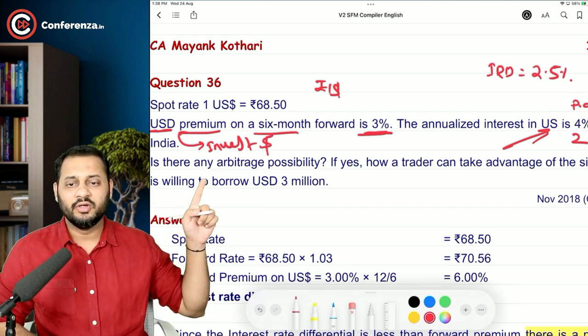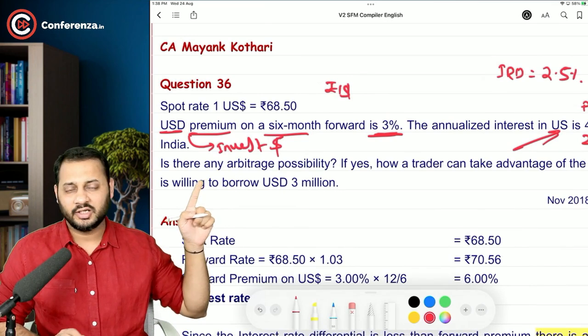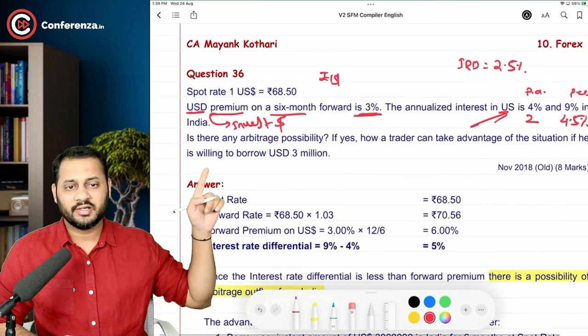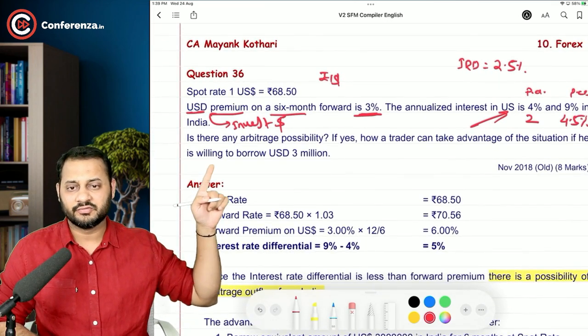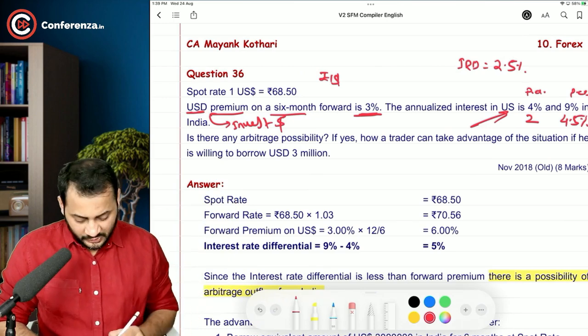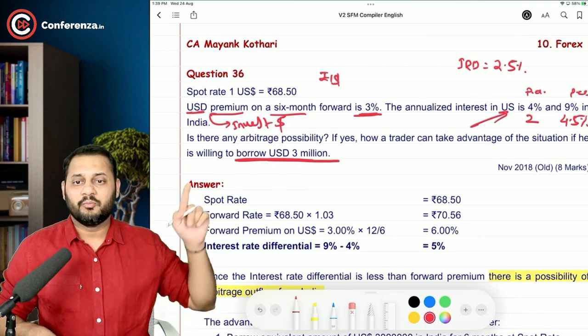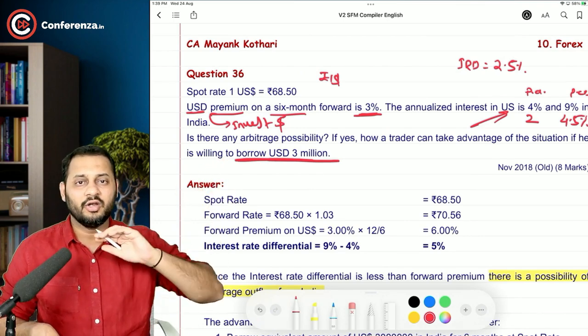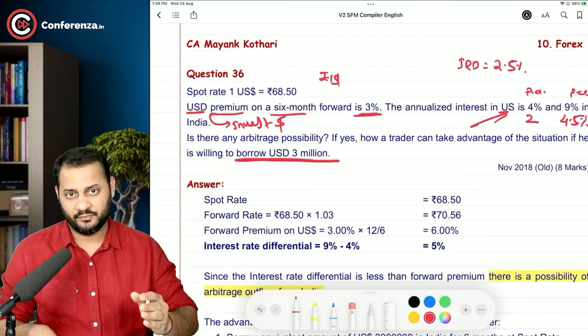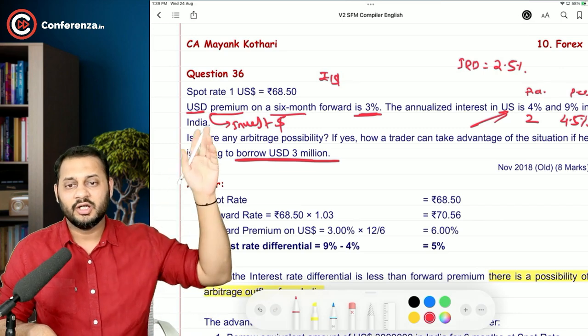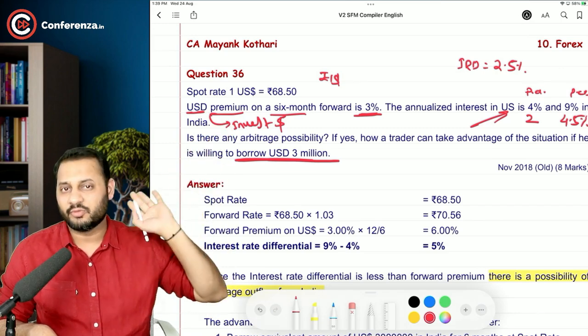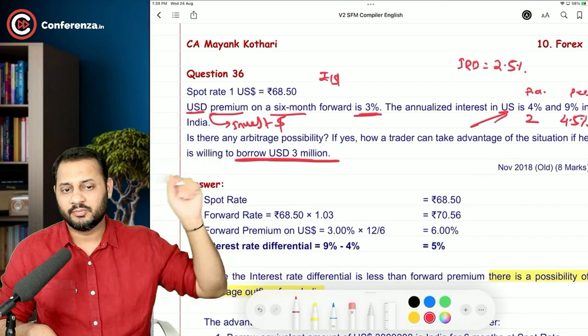Investment in the dollar will give you arbitrage gain, otherwise not. So how can a trader take advantage of the situation if he is willing to borrow USD 3 million? Borrowing the dollar will not give you profit. It will give you only loss. Investment in the dollar is only possible for the arbitrage gain.